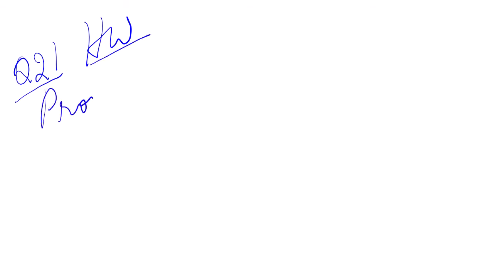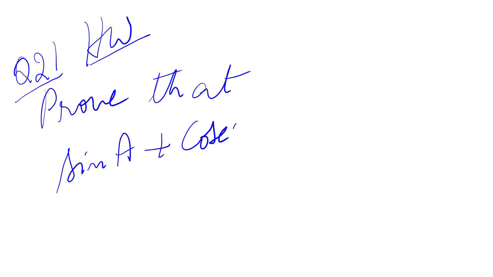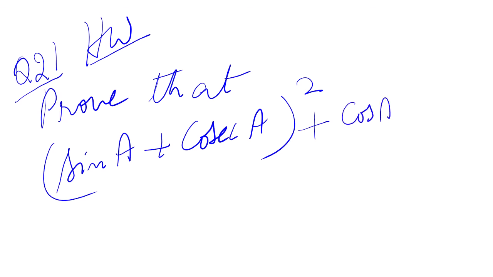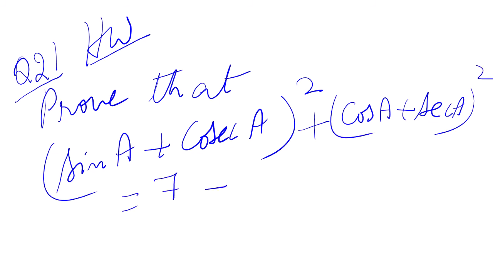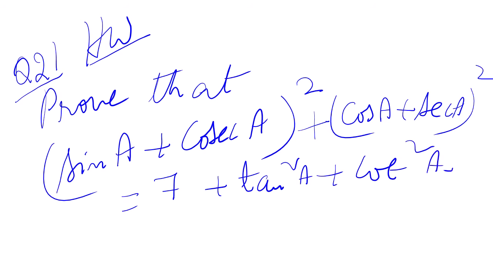Prove that sin A plus cosec A whole square plus cos A plus sec A whole square is equal to 7 plus tan square A plus cot square A. Try it out, apply A plus B whole square formula to this and to this.